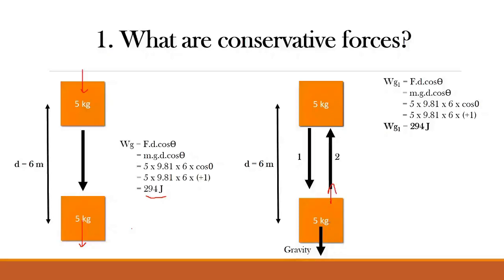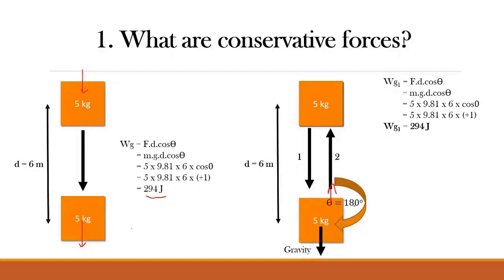If you know the answer, then write your answer in the chat box. Here the angle becomes 180 degree because the force acting on this body moving in upward direction and the gravitational force acting in downward direction are opposite to each other, hence the angle becomes 180 degree.